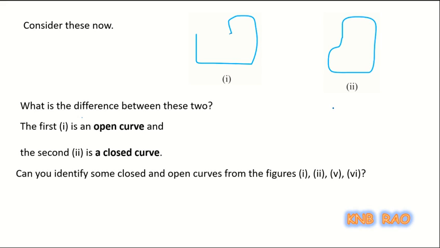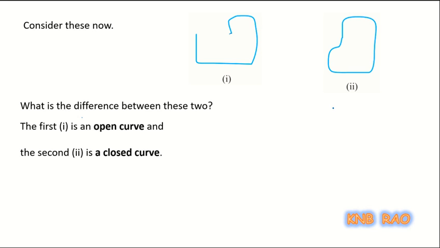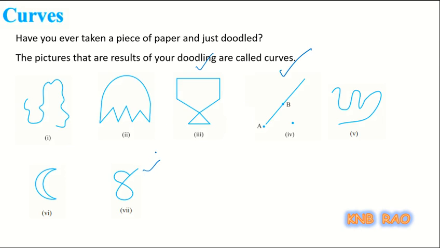Now, I am asking you to go back. It is there in the textbook. Can you identify which are the closed curves and which are the open curves in the previous examples that I gave? In this one, this is a straight, it is an open curve.